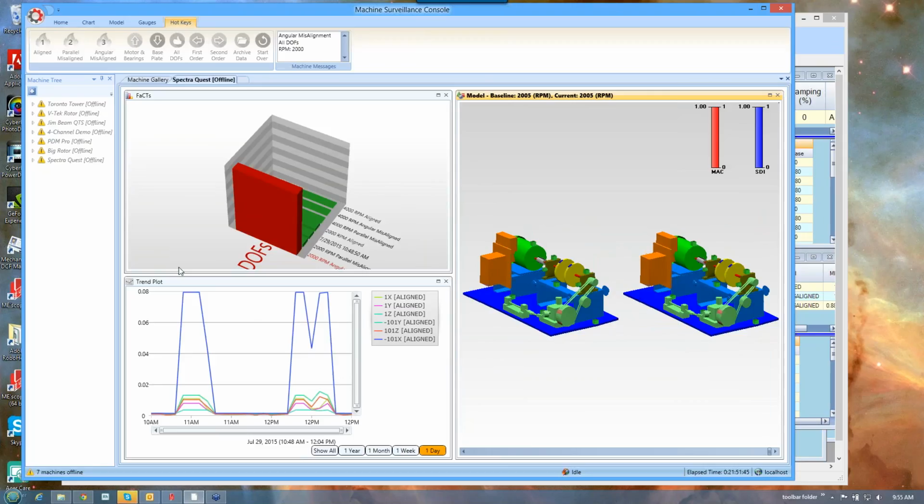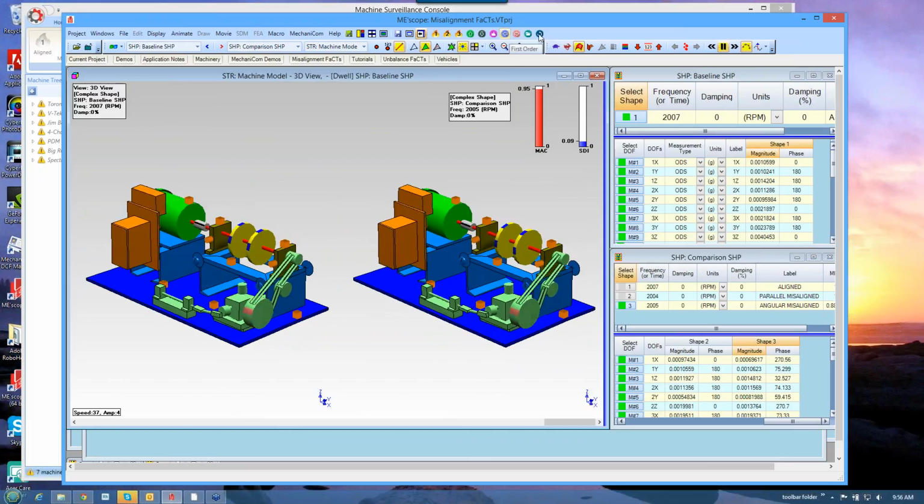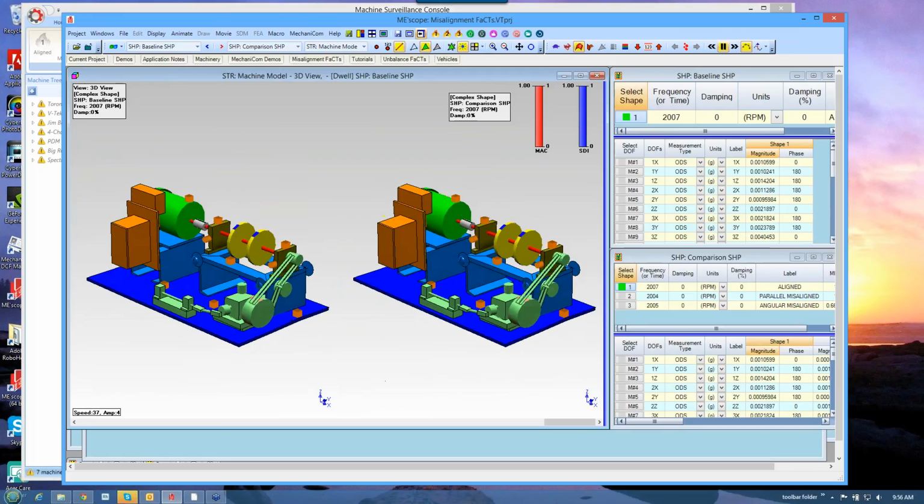And I'm going to go back to Emiscope and start logging the data into the database. So I want to press this button here that says Archive Data. Let's reset everything first so we're in a known state. So here we are with all the DOFs, and we're in the aligned state. And now I'm going to start the archive.